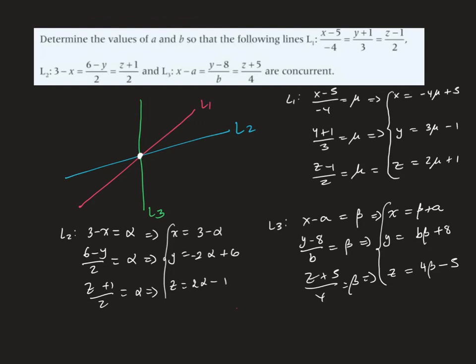Now the thing is, for these lines to be concurrent, these x, y, and z values should all be equal to each other. So what we can do is try to solve one system of equations for line 1 and line 2, and then force that solution into line 3.